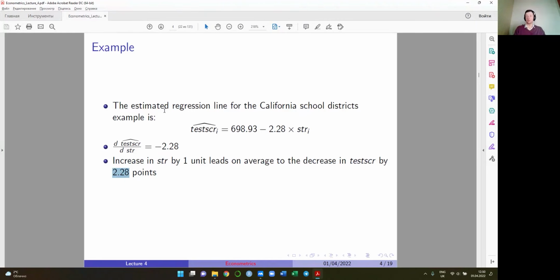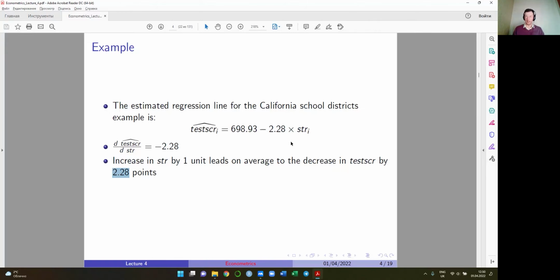But still you can use this for making predictions, like if the student to teacher ratio is 20, the average test score is going to be equal to something. Okay. So the causal effect means that if I change this, then the result is going to be this. If I do something, then there is some result.